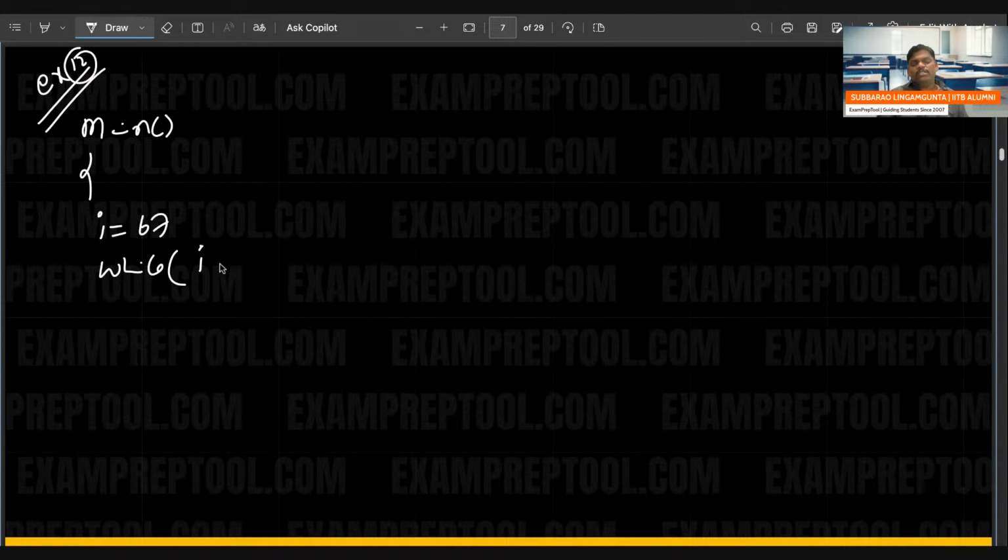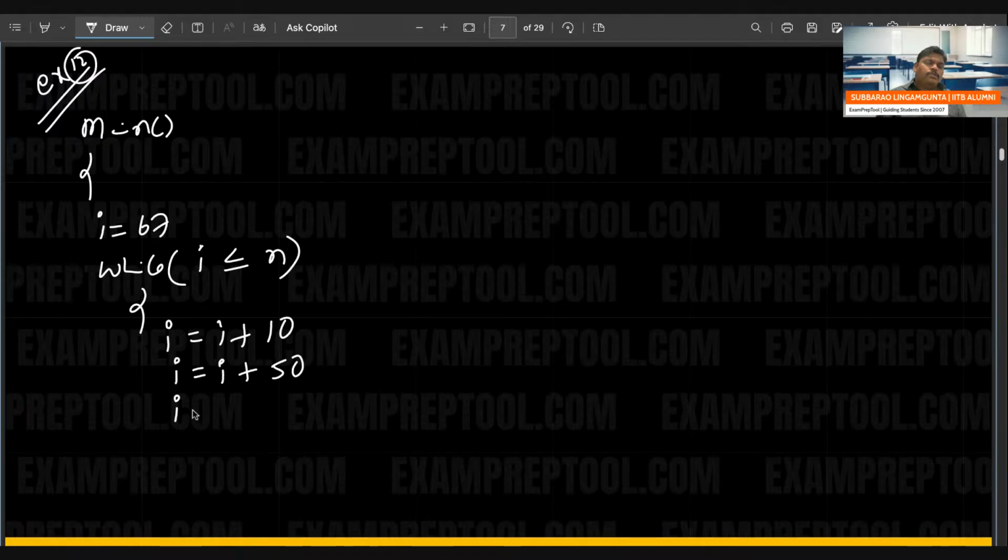While i less than or equal to n, inside: i is equal to i plus 10, i is equal to i plus 50, i is equal to i minus 100, i is equal to i minus 200, x is equal to y plus z.